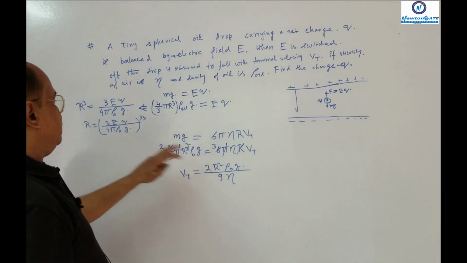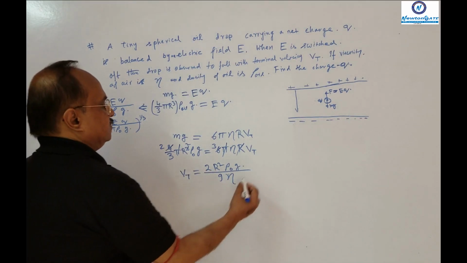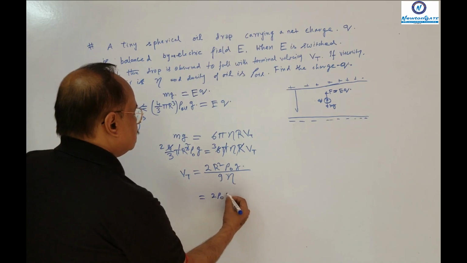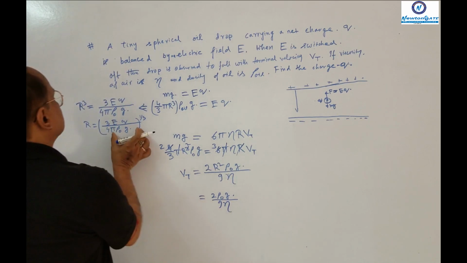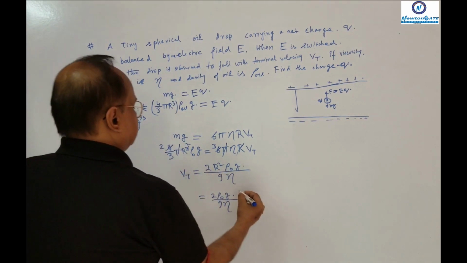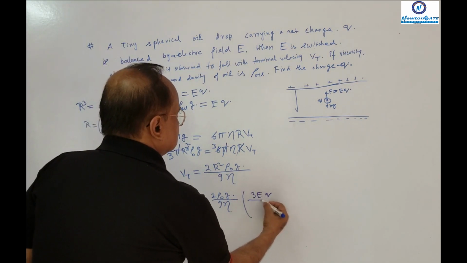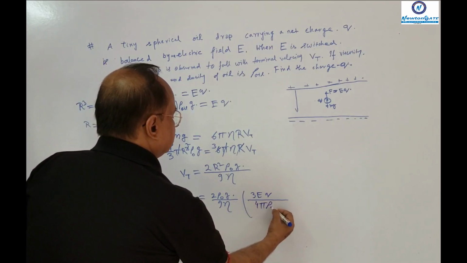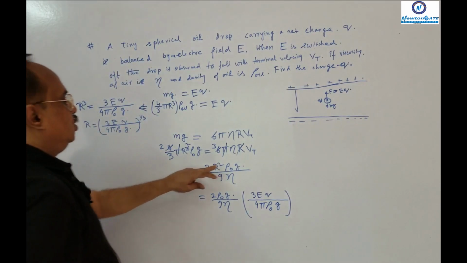And the rest is very easy, I just have to replace this r over here and nothing more. That means it will become 2 rho naught g by 9 eta, and if I place this in place of r, I will get 3 eq divided by 4 pi rho naught, sorry, not epsilon naught, into g to the power 2 by 3.